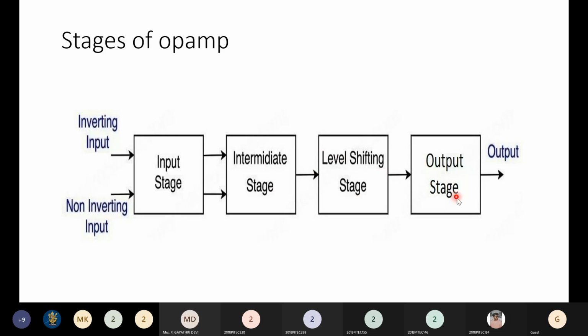Okay, and finally the output stage, this is a complementary symmetry push pull amplifier, which is there in order to provide a low output impedance and a symmetrical swing. That is, the sinusoidal signal, whatever AC signal we are applying here, will be made symmetrical. The positive half and negative half will swing symmetrically because of this stage. Okay, so these are the circuits we'll be having inside the op amp.